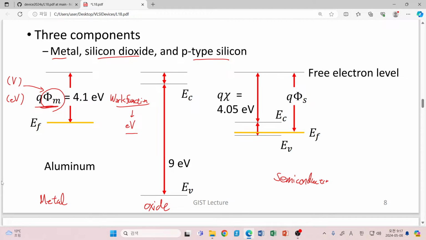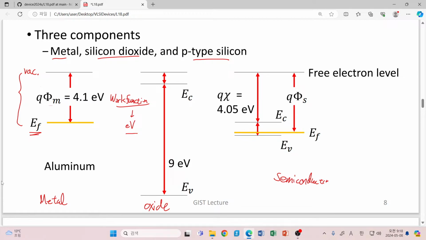Okay, so this electron charge is supplied from this Q, so we have a voltage unit. Later we will use this value as a voltage, so please understand the work function is represented as Q times phi m in our notation. Anyway, work function simply means the energetic difference between the so-called vacuum level and the Fermi level. So this is a simple definition.